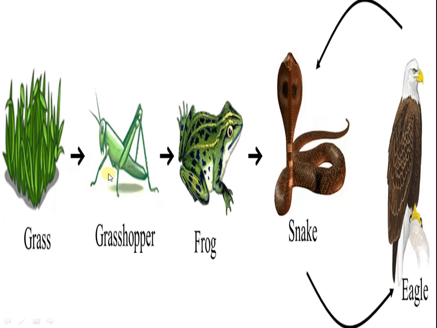The grasshopper is eaten by a frog. The frog is eaten by a snake. The snake is eaten by an eagle or a hawk. We can say that a food chain is all about who eats whom.